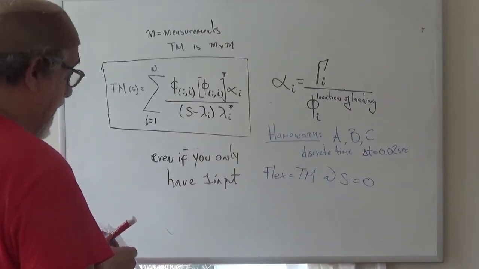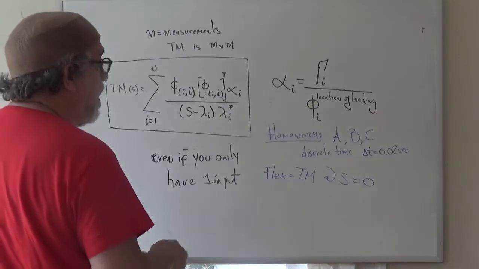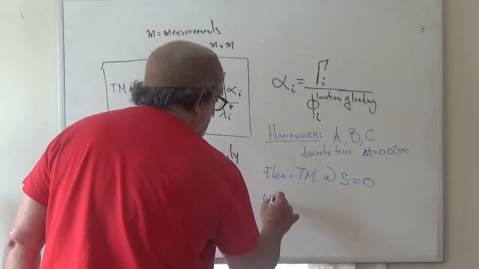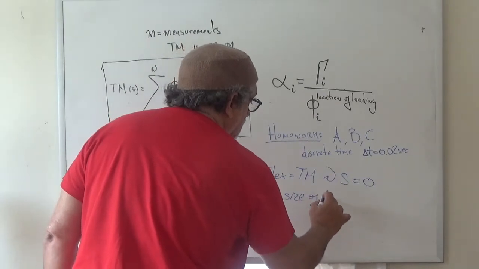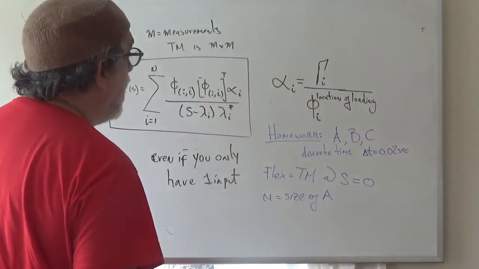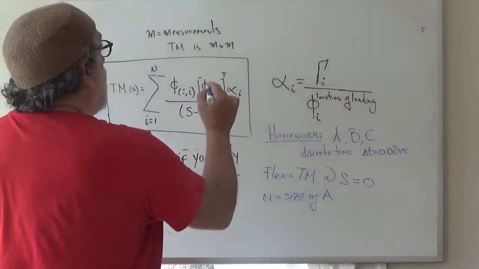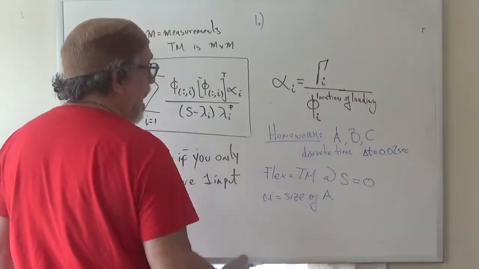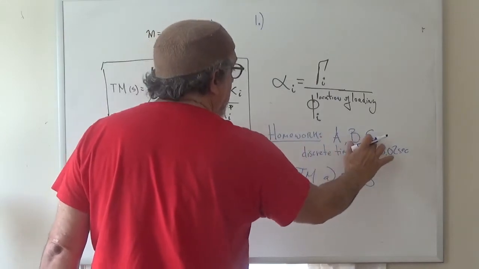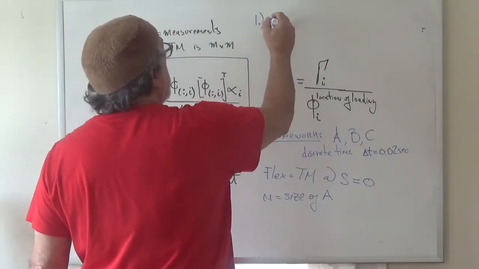Now, n is the size of A, right? Because that's the order of the system. So what you have to do in the homework, in step 1, is convert your discrete time matrices to continuous time.